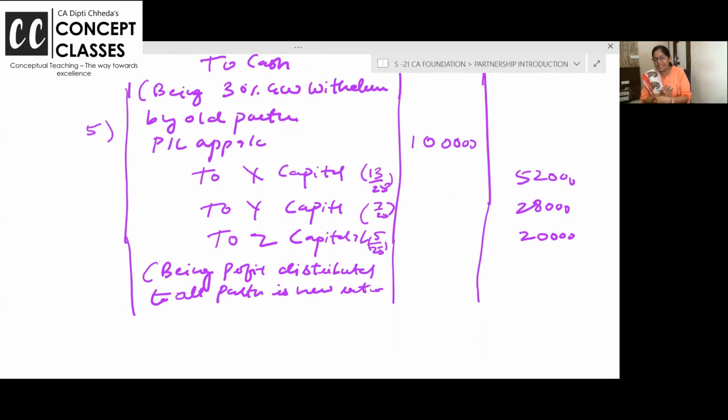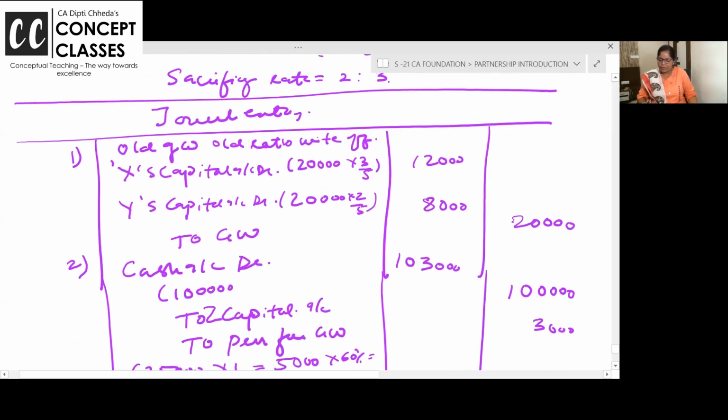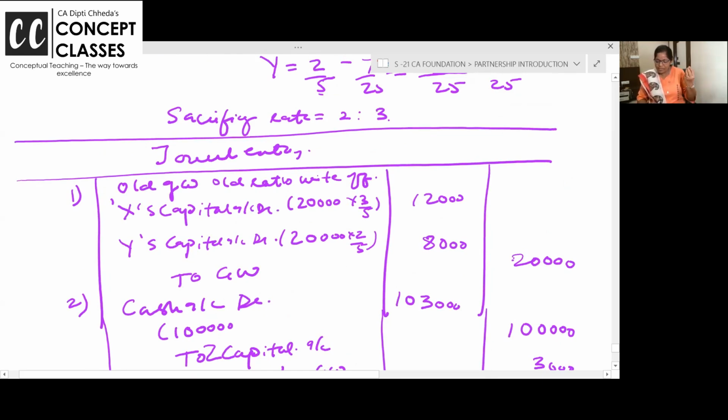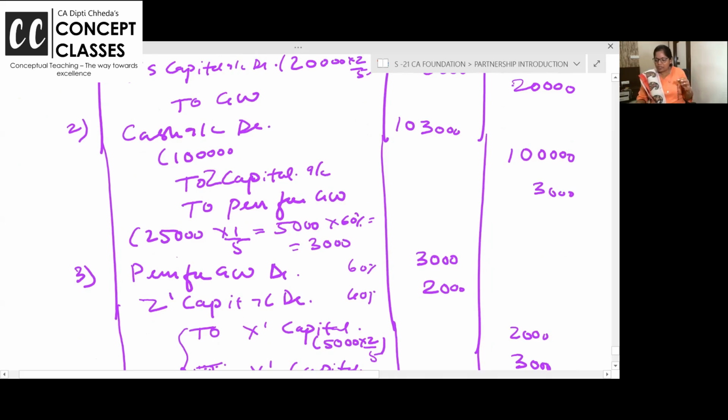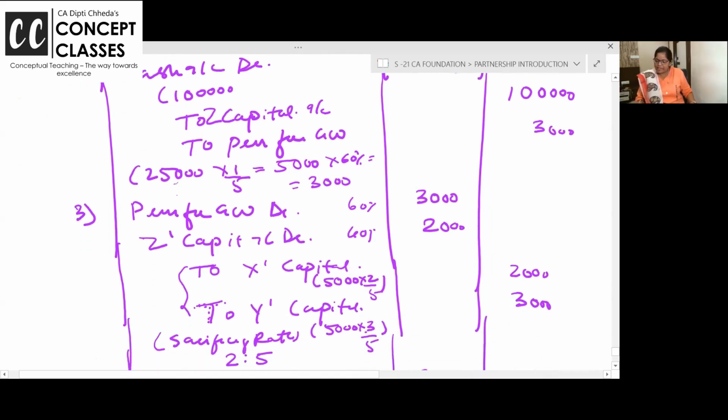Okay, good, is it clear to everyone? That's all for the 16th problem. Check up, all of you. Check once again. First, old goodwill we have written off. Now, cash: we got the capital also from Z, and he brought premium for goodwill. Is the premium for goodwill concept clear or not? He is bringing his share of goodwill, 5,000. 25,000 is total goodwill, 1/5 is Z's share, 5,000, but only 60%. 3,000 he is getting in cash.